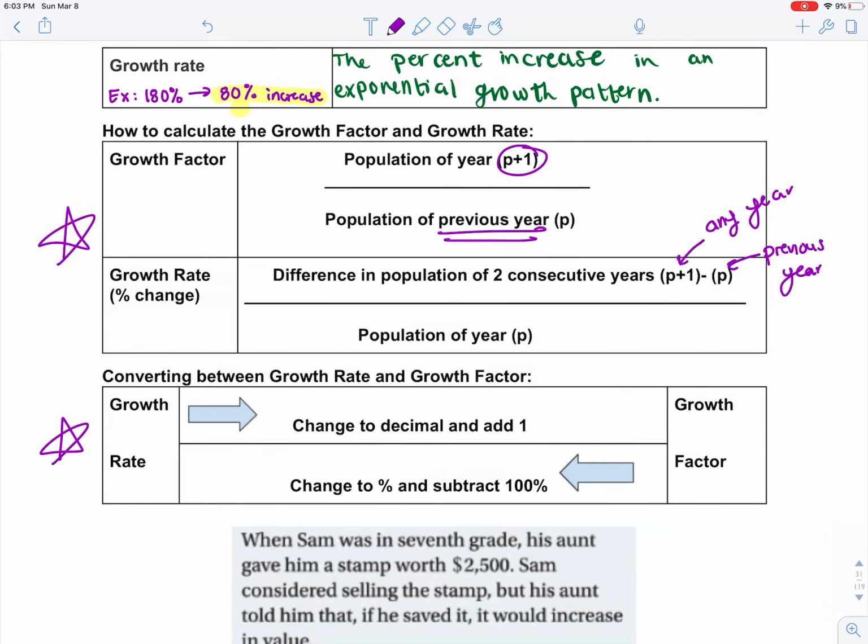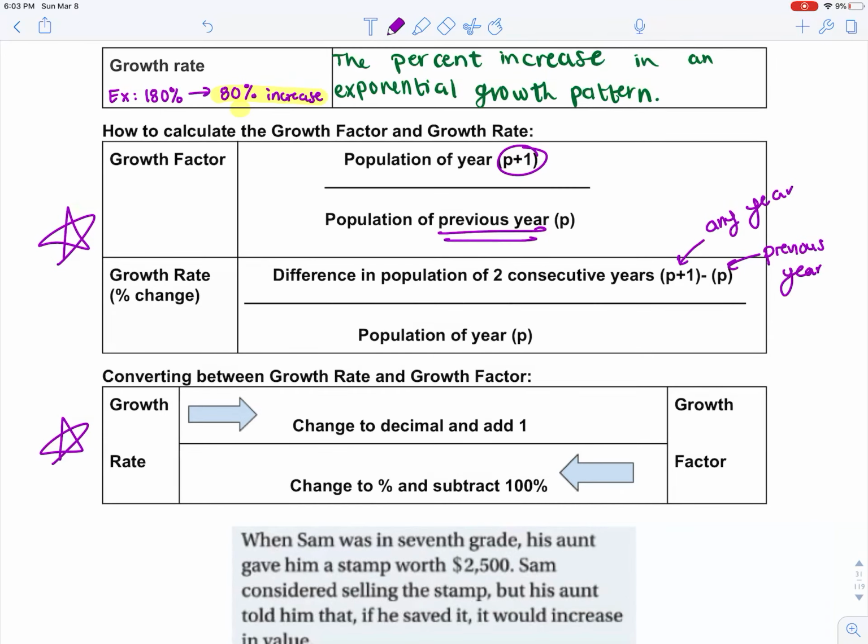In this case, we're talking about years, but it could be months, it could be minutes, and so on. So you find the difference of those two, you subtract them, and then you divide by the population of the previous year.